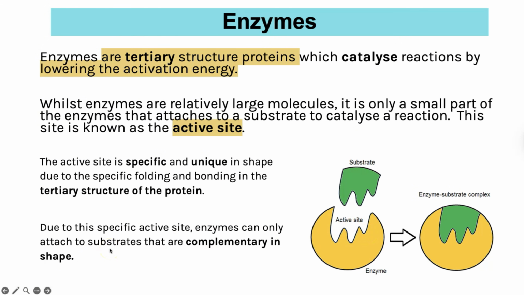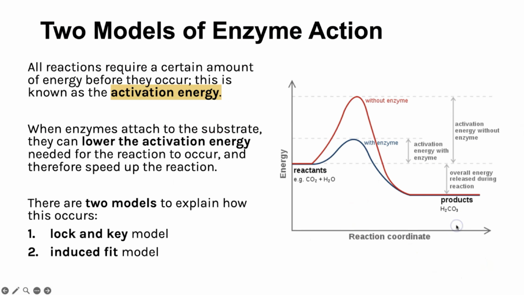And due to this specific active site, enzymes can only bind to a particular substrate, and therefore they only catalyze one particular reaction, and they will create this enzyme substrate complex. Key marking term, that enzyme substrate complex. And once you get that complex, that is what lowers the activation energy.